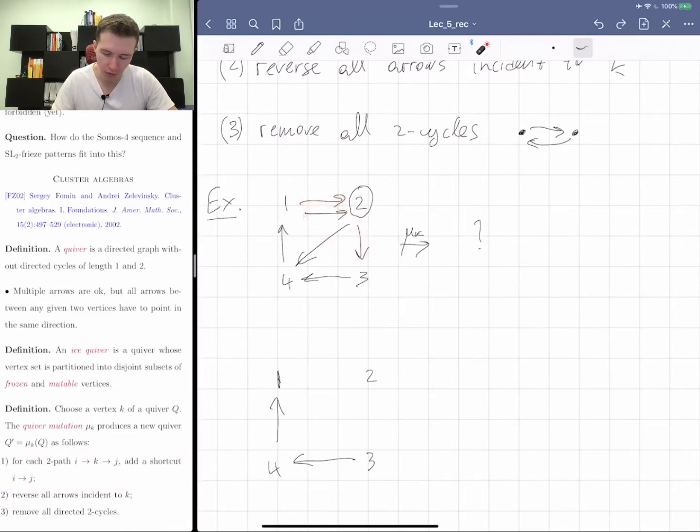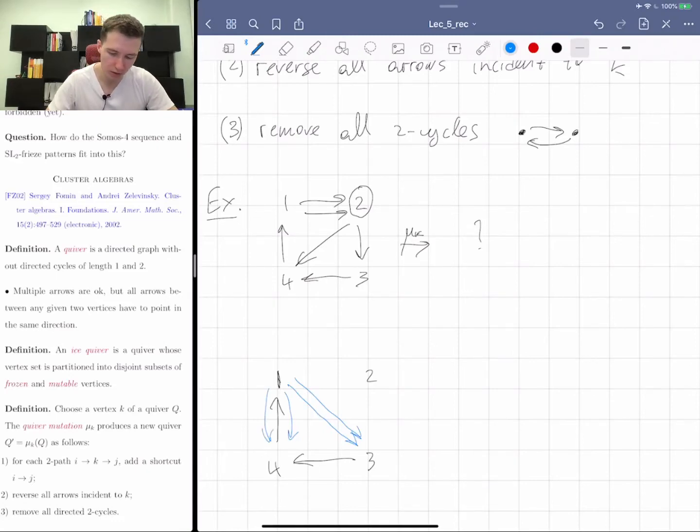Here I have 2 incoming arrows and 2 outgoing arrows, so I'm going to create 4 shortcuts. 2 of them are going to go from 1 to 3, and 2 of them are going to go from 1 to 4. So let me try to do that in blue: a double arrow from 1 to 3, and a double arrow from 1 to 4.